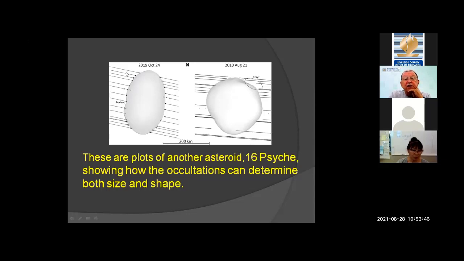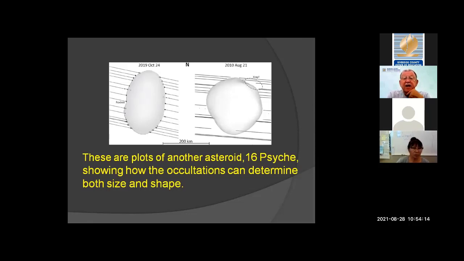Each one of these lines is a person parked somewhere out in the path of essentially totality for this asteroid passing in front of the star. Each one of these little dots is, I think, the error curves for that particular measurement. Where it says Foxtrot here and X-ray over here, those are the names of features on the surface of the asteroid that the astronomers have given them.